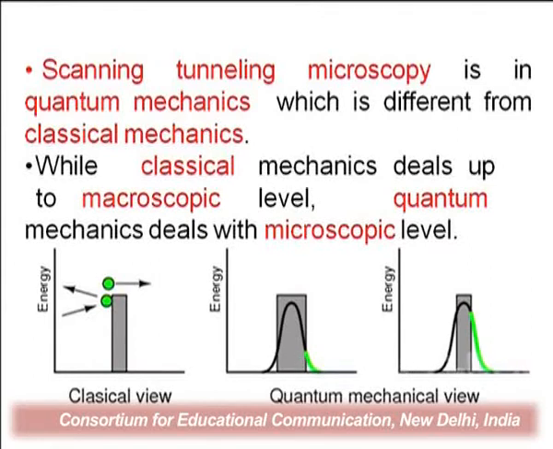So we use quantum mechanics to deal with this microscopic or nanoscopic level. On the left hand side we see a diagram where the electrons are moving. That is the classical view, but in the middle we have a broad tunnel, and on the exact right hand side we have the quantum mechanical view of energy versus electron movement. The width is more in the middle diagram and less in the right hand side diagram.